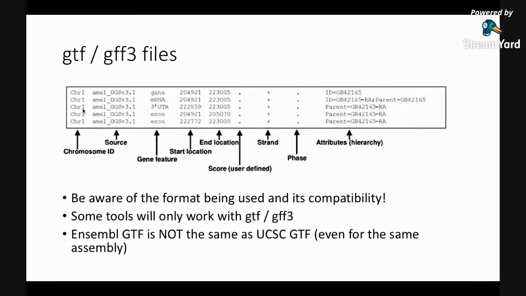So it's a tab separated file in which each column has some sort of information. So it has the chromosome location, it has the name, right? It has what kind of sequence is there, where does it start, where does it end, what's the strand, so positive strand, negative strand, and then the ID. So it could be Ensembl ID, it could be the gene name and such sort of things.